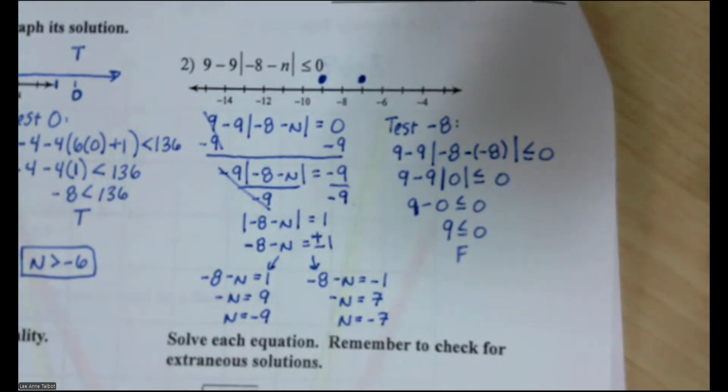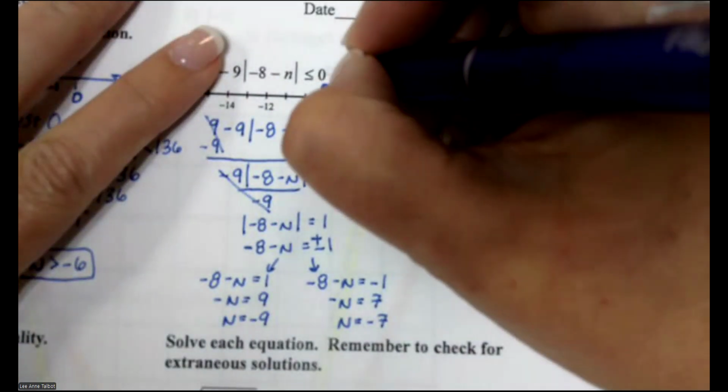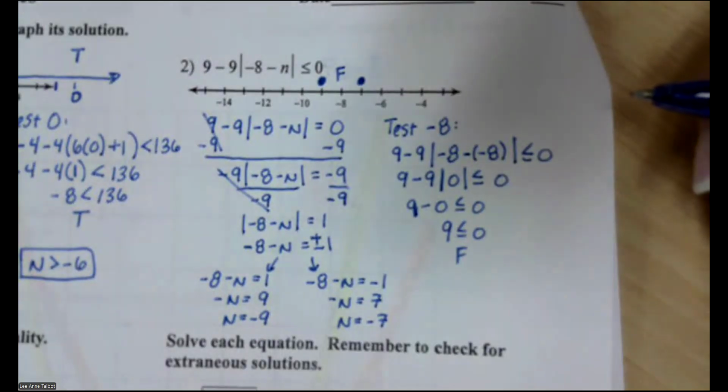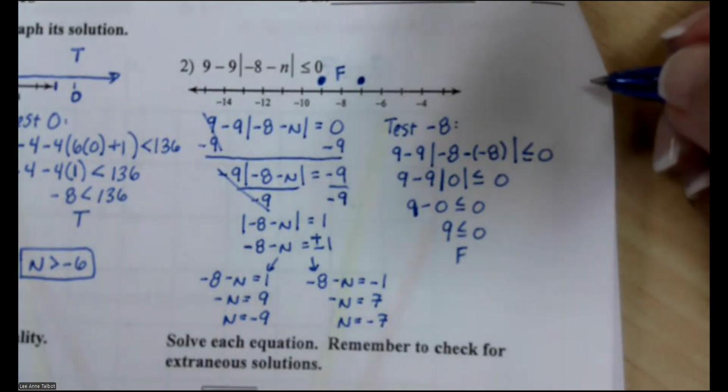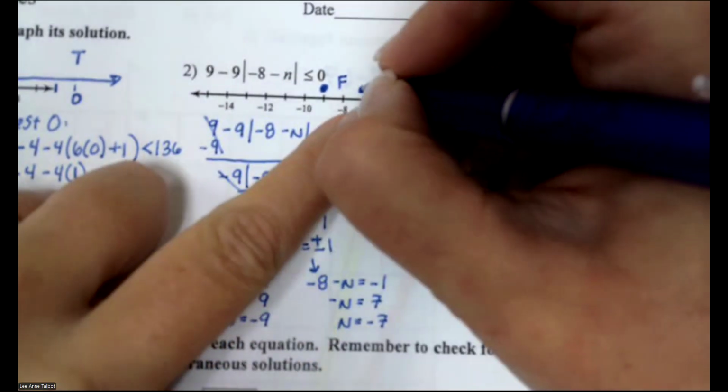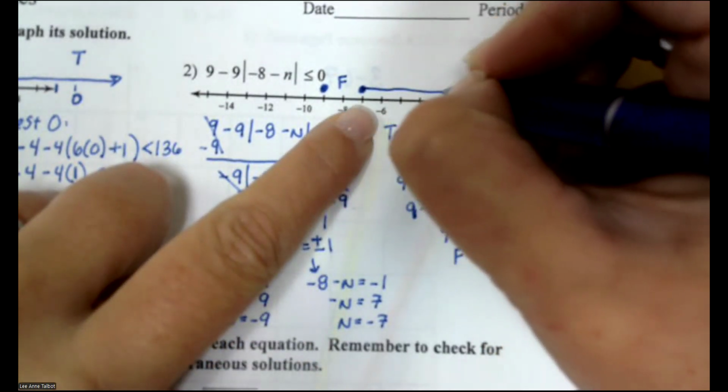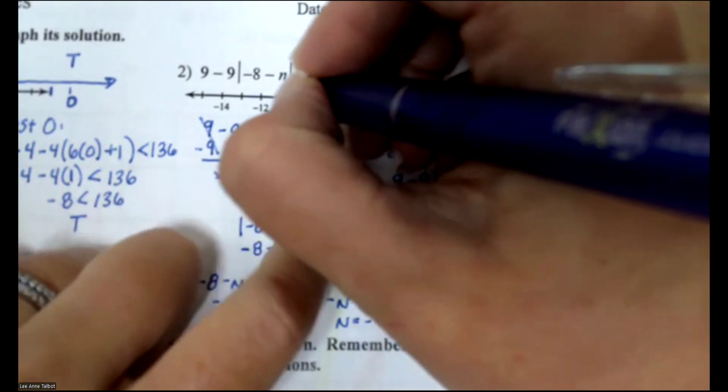False. That means the solution set is not at -8 or anywhere between those two dots. So the solution set has to be outside.